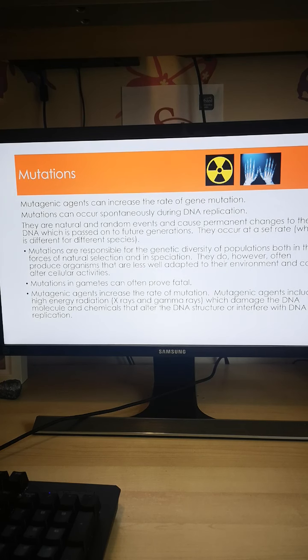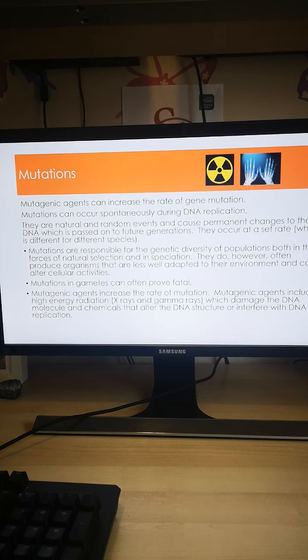So mutagenic agents are things that increase the chance of one of these mutations. Could be substitution, deletion, addition, those events where a nucleotide is missing, added, or substituted during DNA replication. The chance of that happening can be increased if you add a mutagenic agent.